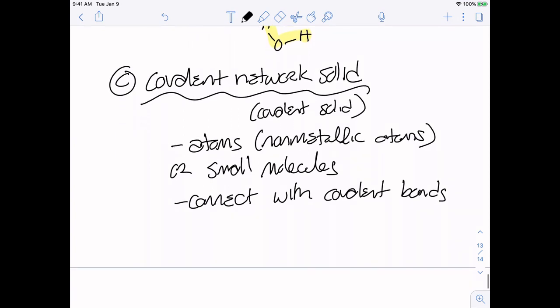And an example for us, a diamond. Graphite, we can do graphite also. I don't know if that's how you spell graphite, sorry guys. Quartz is an example.